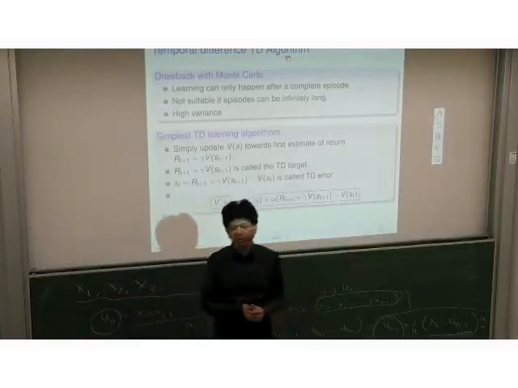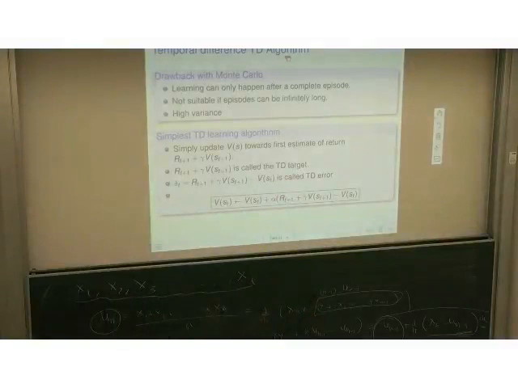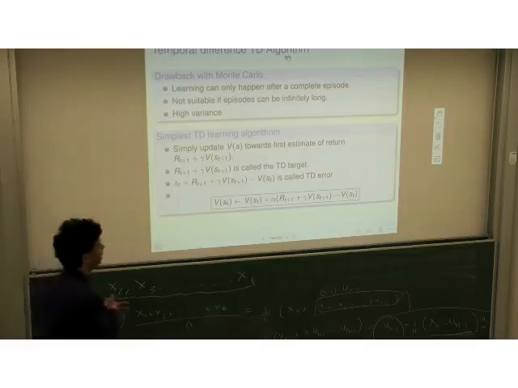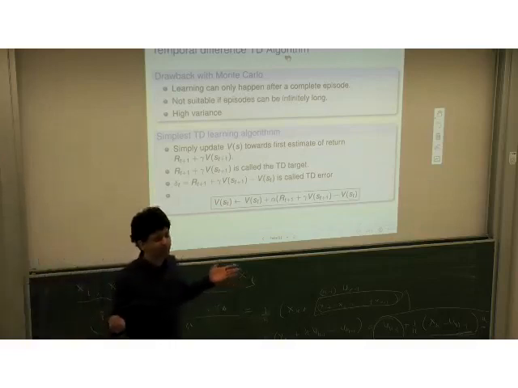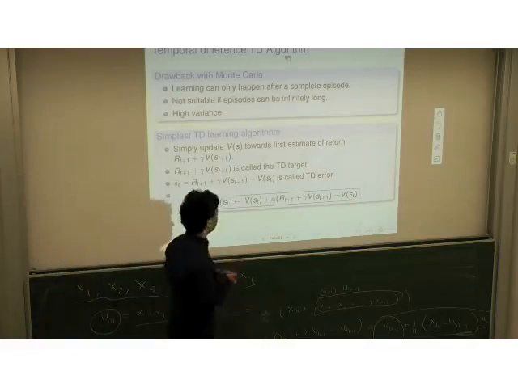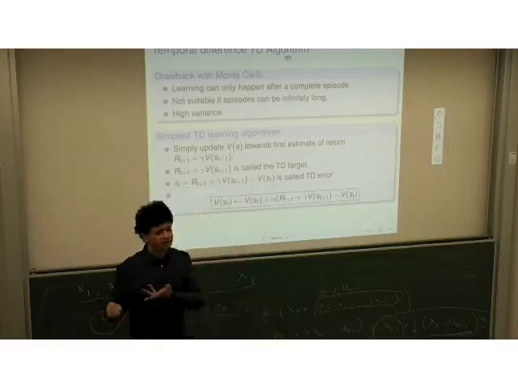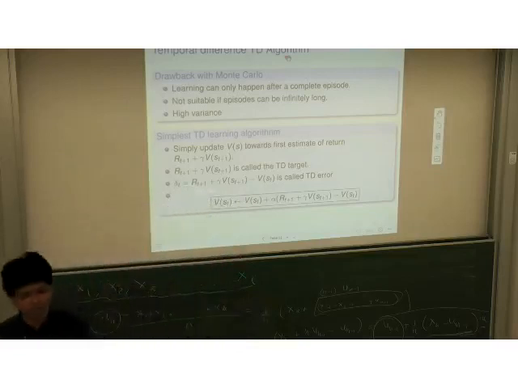So every time you just make one observation, you don't have to go down all the way to the terminal state. Every time you see, if the Bellman equation was true, I should have gotten the value to be the reward plus gamma times the next value. But of course, that would only be true for the true value function, not for our arbitrarily chosen value function.